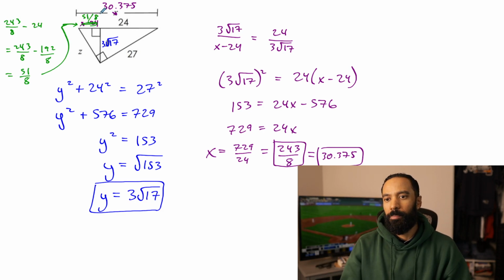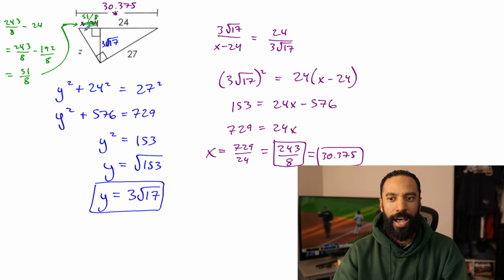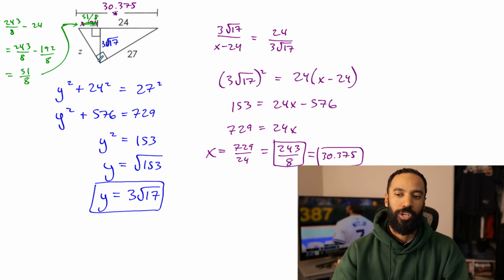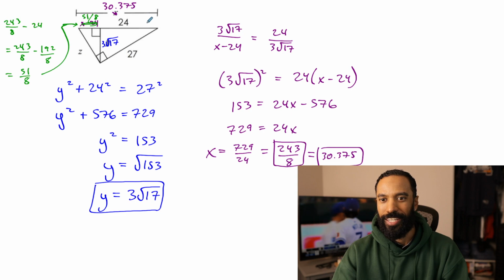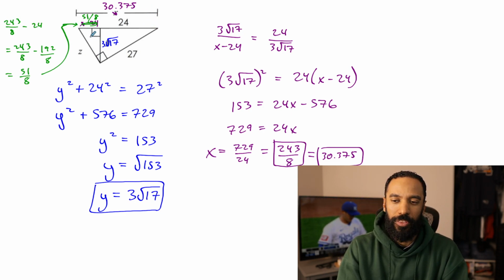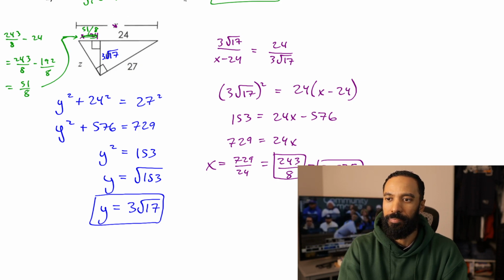Which is important because when I find z, z is both the hypotenuse of the small and the short leg of the big. It's also the geometric mean of 51 over 8 and 243 over 8, but that's neither here nor there. Here's the short leg of the small, 51 over 8. Here's the hypotenuse of the big, 243 over 8.